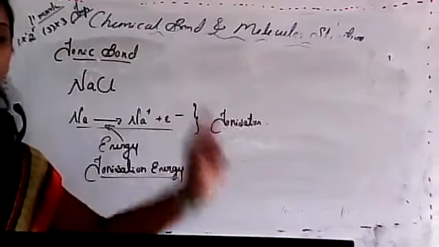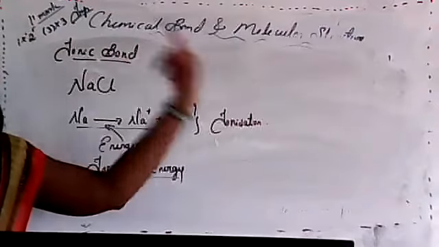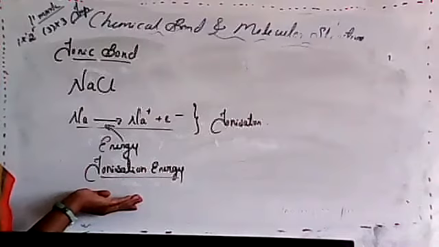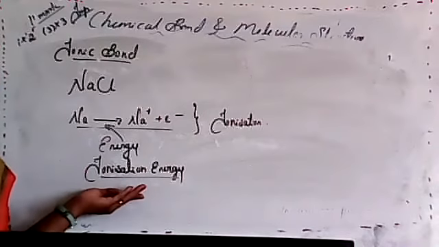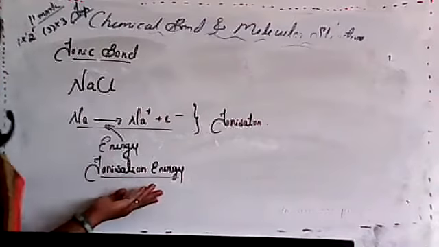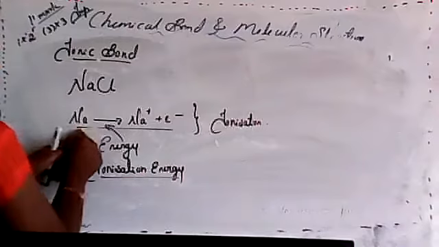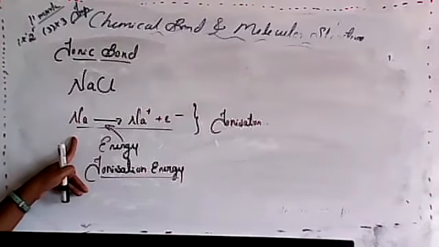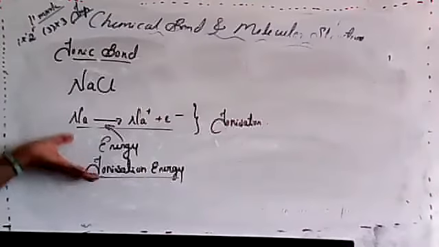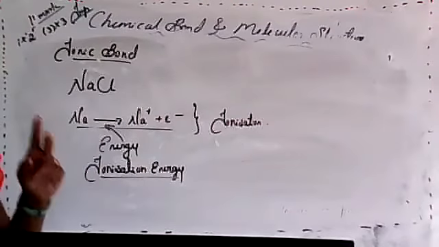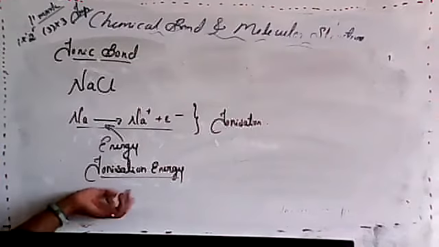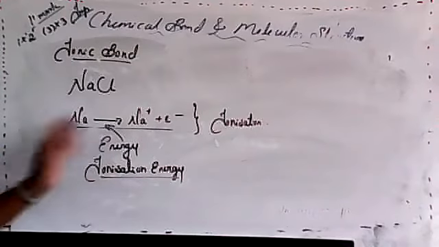Energy required to remove the outermost electron is known as ionization energy. Clear, student? Energy required to remove electron from the outermost shell is known as ionization energy. Regarding this, you'll study in the third chapter, that is classification of elements. I don't know if sir covered it or not, but you'll come to know about this in detail.